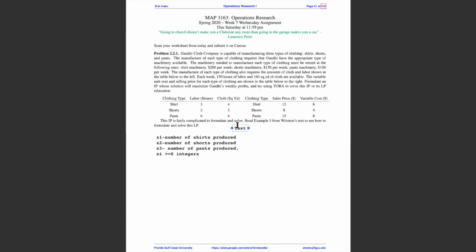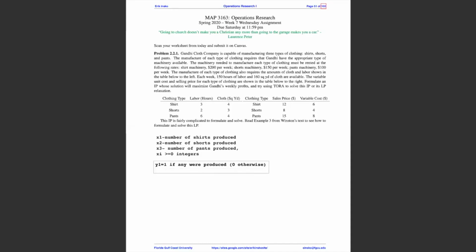And we can call this variable yi. So in this case, y1 would denote if there were produced any shirts at all, and it will equal to 1 in this case, and it will be 0 otherwise. So if we don't produce shirts, y1 would be 0 and we would not pay the $200 cost.